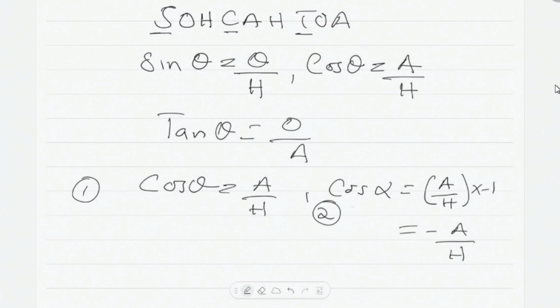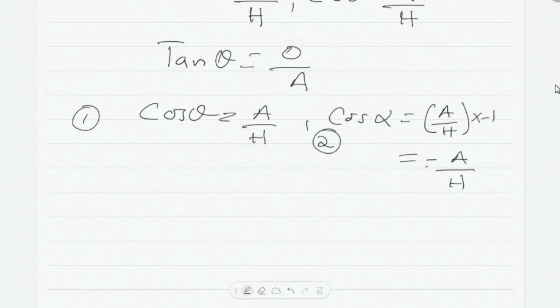Now what you need to know is that theta is an acute angle when you look at the diagram. And when I find the value of that acute angle, I can subtract it from 180 in order for me to find the same angle in the second quadrant. But what we know is that cos in the second quadrant is negative.